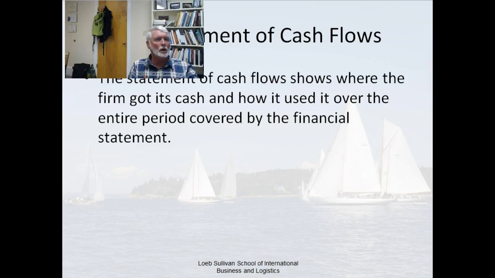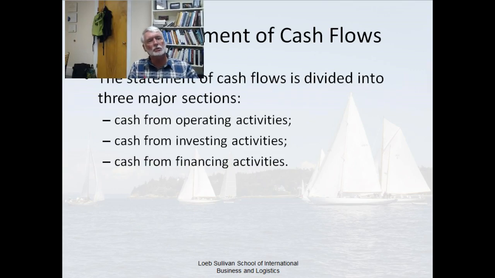So we want to know where cash came from and where cash went, as opposed to what economic income we generated. Two different things. So the statement of cash flows adds our income, records cash flows plus and minus from operations, investing, and financing activities.